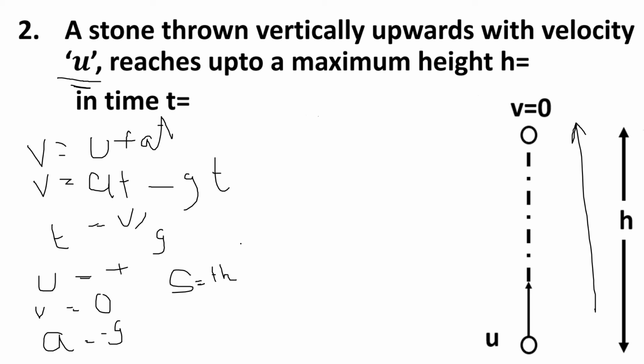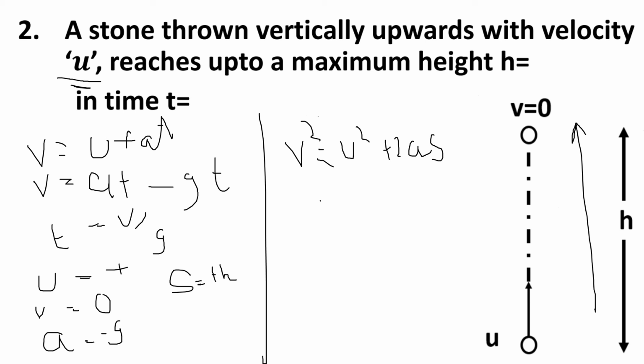By putting this value in the formula v² = u² + 2as, what you will get is the height h, which will be u² by 2g, and the time will be u by g, which we have got here.